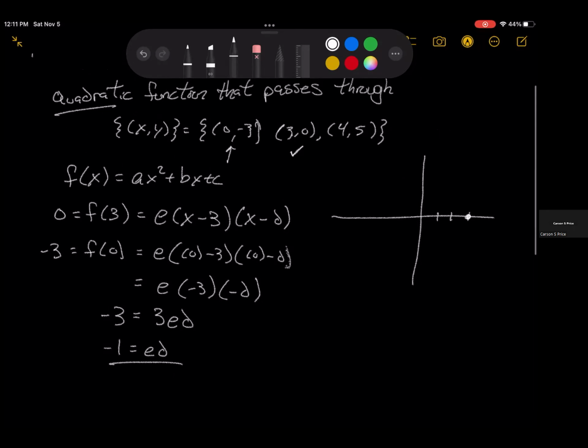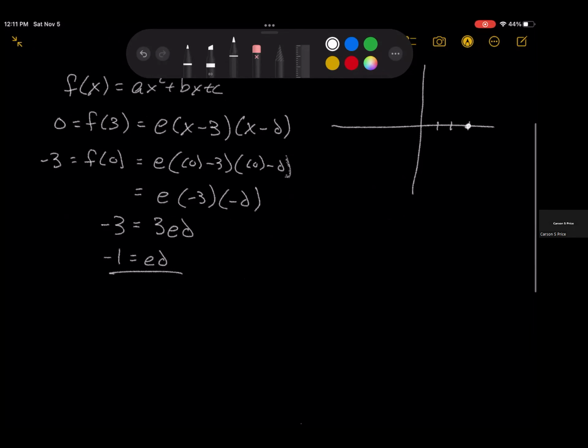All right, let's use this other point. 4 gets mapped to 5. So 5 is the output of this function when x is equal to 4. So what do I get?